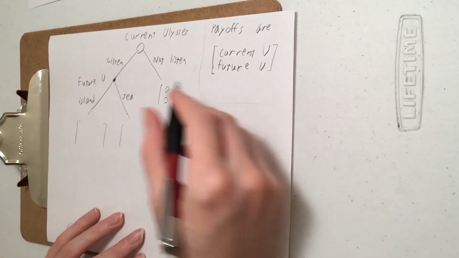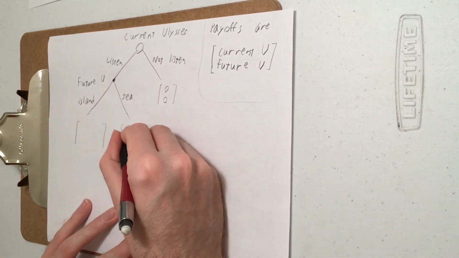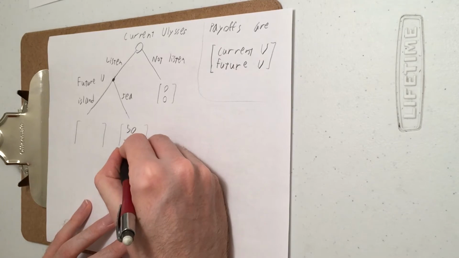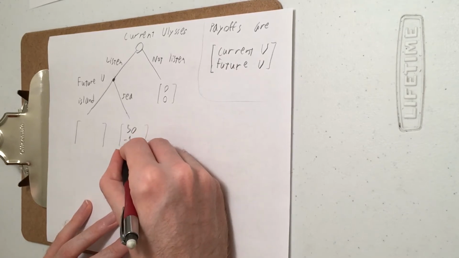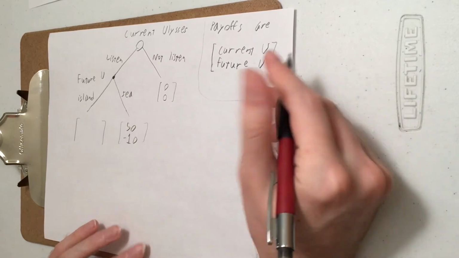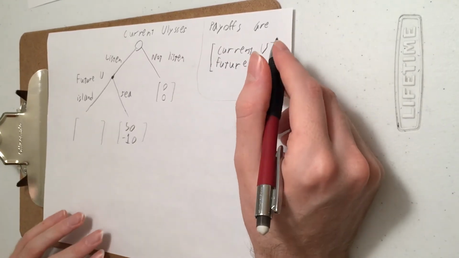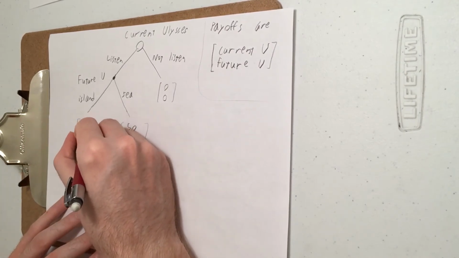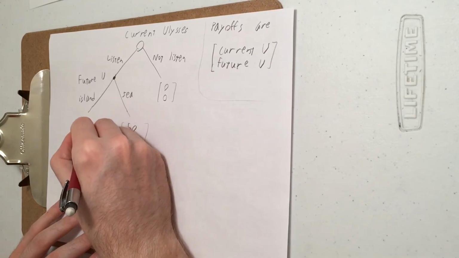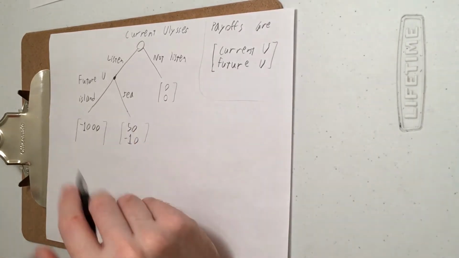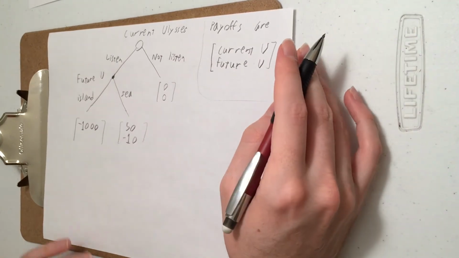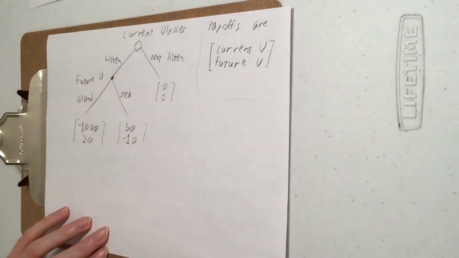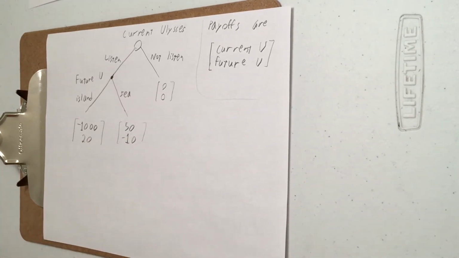Now, if current Ulysses can listen to the music and not get killed, we'll call it a payoff of positive 50. But future Ulysses, having heard the music, is sad to keep on sailing and not be able to hear it anymore and gets a payoff of minus 10. If we go to the island, though, and get killed, that doesn't sound like fun, to put it mildly. We'll call it minus 1,000 for getting killed. But future Ulysses has been swept away by the music and is willing to go to the island anyways and get a payoff of positive 20. That's how I'll model the game.